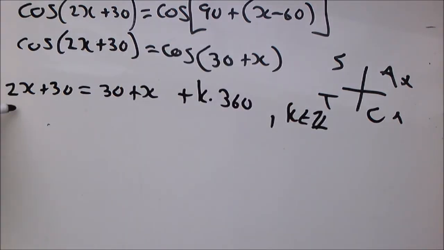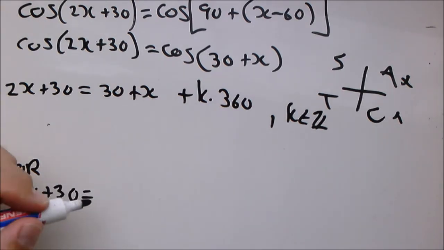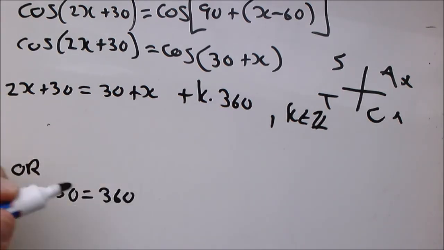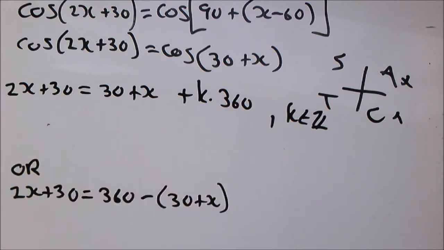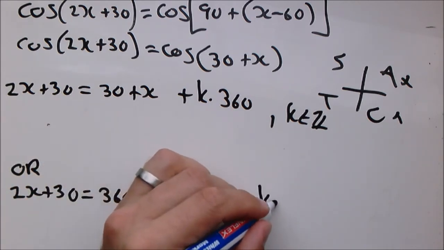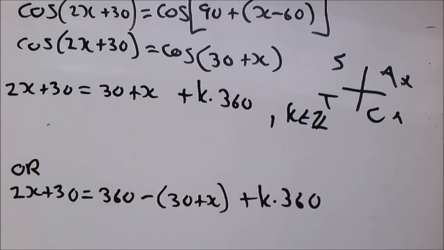Leave some space open, and then we write down our second expression: 2x plus 30 equals 360 minus, remember your bracket, 30 plus x plus k 360.